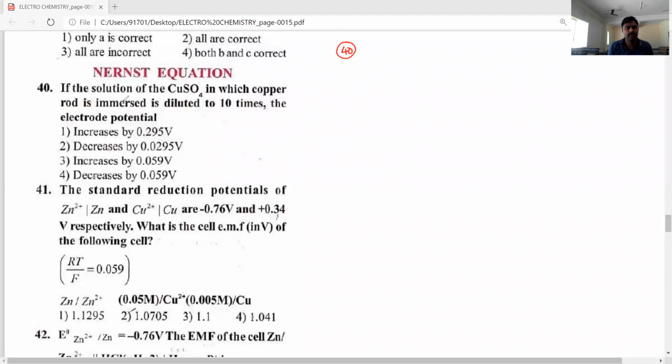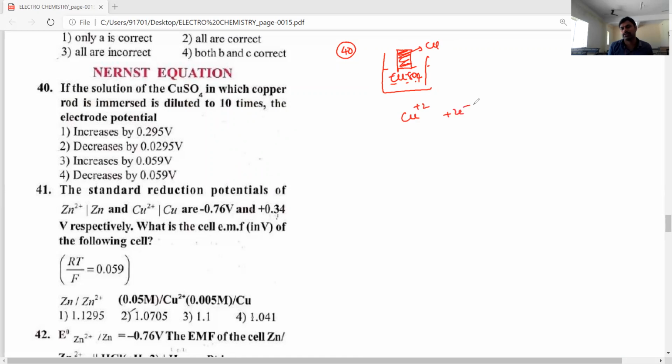A copper rod is dipped in copper sulfate, meaning copper plus 2. It acts as a cathode always.